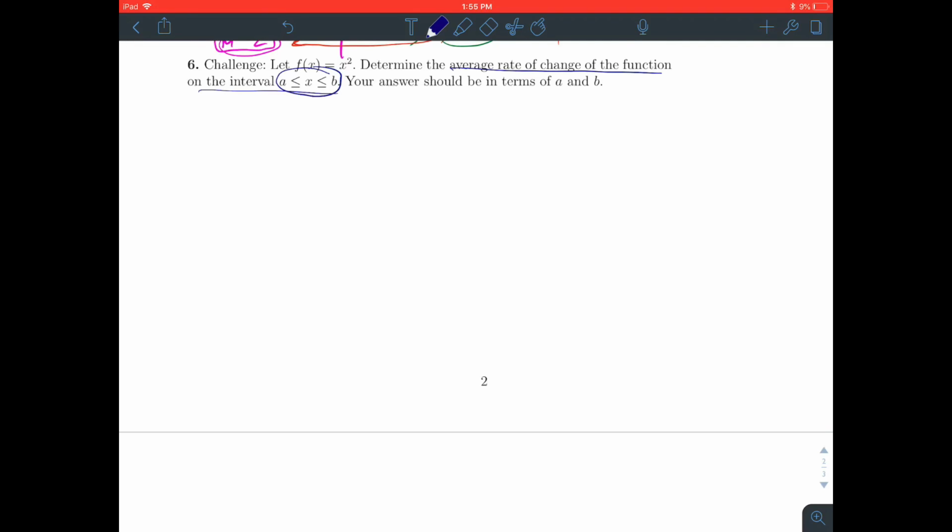All right, so really similar to the problems we've been doing, but they didn't give us a number. So I want to use, I think, the slope formula, right, since I can't really graph a and b. So I want to use y2 minus y1 over x2 minus x1. But they only gave me the x values. So it looks like I start at a and I end at b.